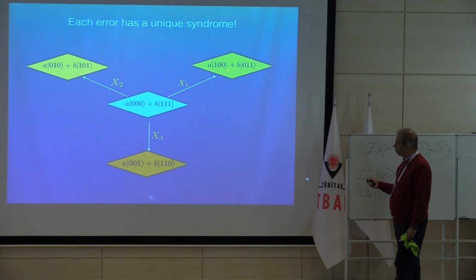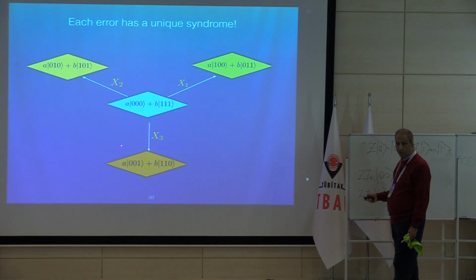Now, is this subspace or state orthogonal to this one? Do they have anything in common? How about these two? Any state in common? How about these two? So I can detect it. How about these two?